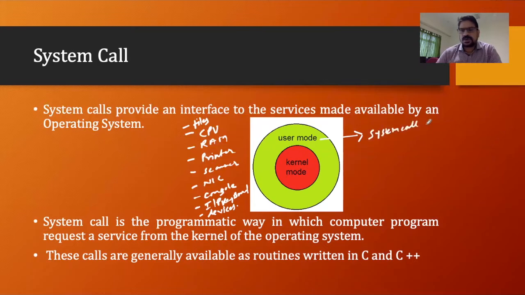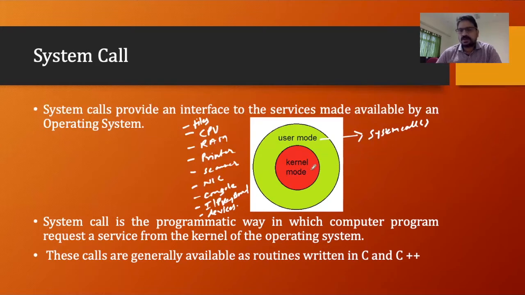The system call is a sort of routines which are used to provide the resources to the user program, and it will convert into the kernel mode, making available all the resources of the operating system to the user program. So for that we use the system call, right?